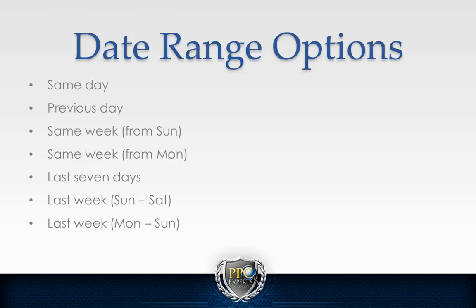So let's take a look at the date range options. When you select the frequency option, so let's say you say that I want this rule to run monthly, you can then select for the date range options same day.